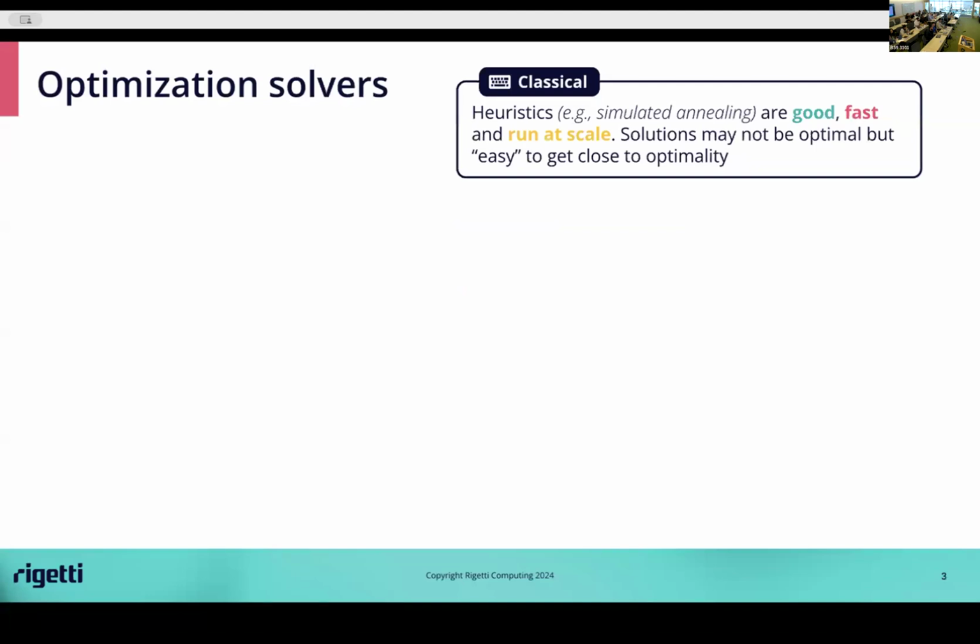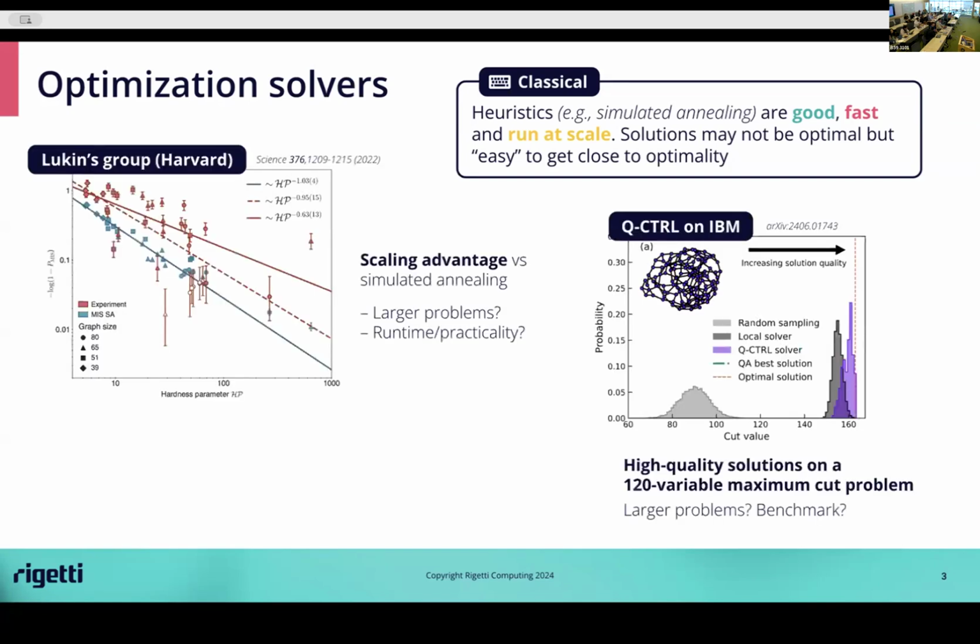And although they cannot guarantee the quality of the solution, those in practice are pretty good, usually quite fast, and they also can run quite large problems and solve those. But they're not perfect. And when we have quantum computing available, maybe the idea is that, well, they're not perfect, so maybe there is room for quantum computers to do something. And we don't know that, but that's what the research is about.